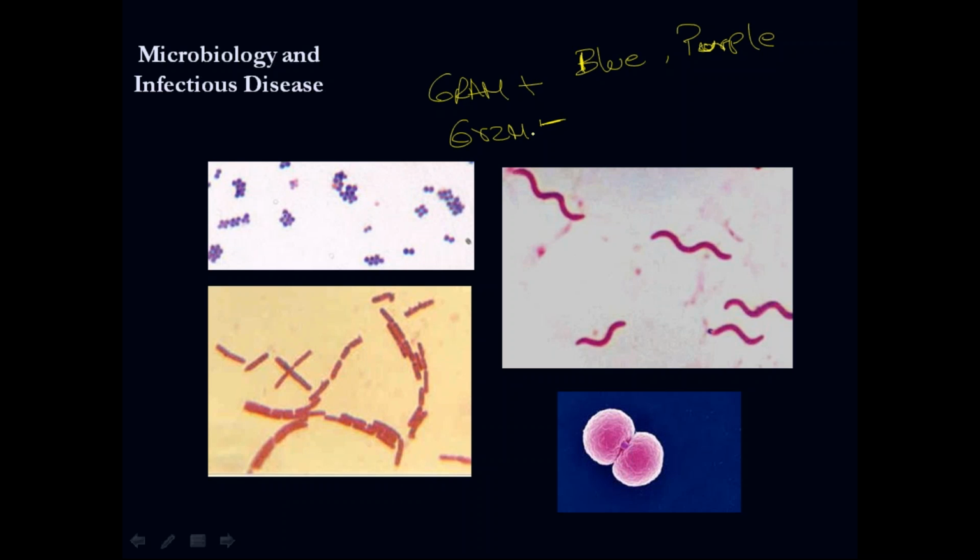Anyhow, gram negative is going to be red or pink. So you already know the mnemonic here for the gram positive and for the gram negative. All right, let's keep going.